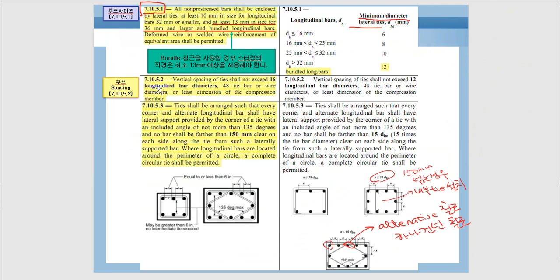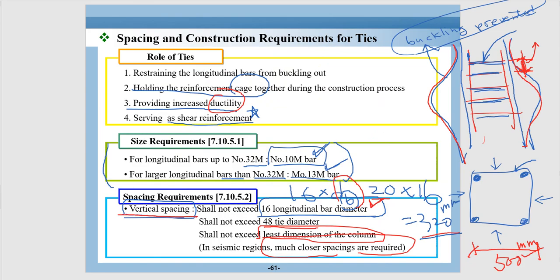And the second code requirement is 7.10.5.2. These are also discussed right here, regarding the vertical spacing of ties, depending on longitudinal bar diameter or tie diameter, or dimension of columns, things like that.